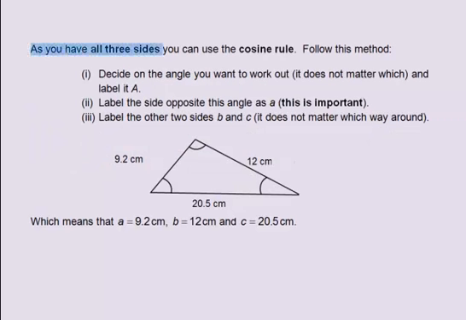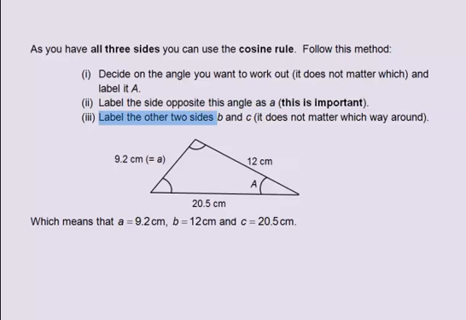As you have all three sides, you can use the cosine rule. Follow this method. 1. Decide on the angle you want to work out, it does not matter which, and label it uppercase A, like this. Label the side opposite this angle as lowercase a. This is important, like this.